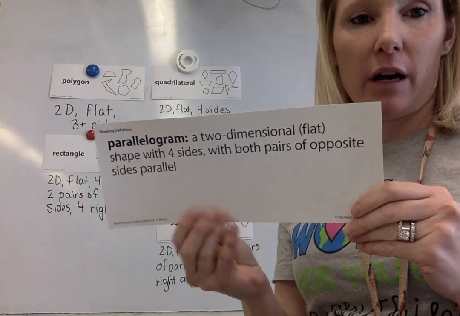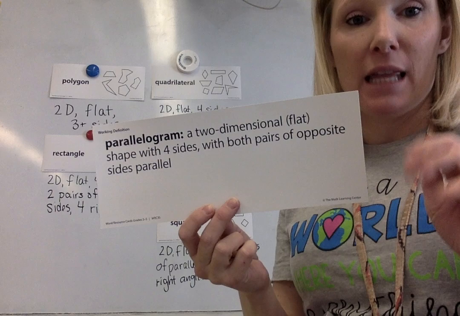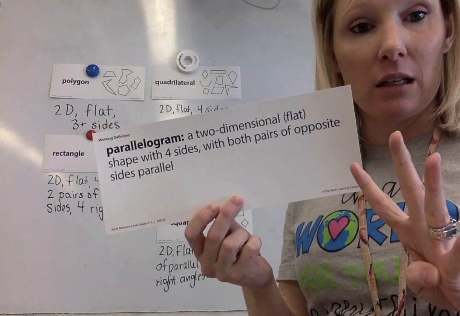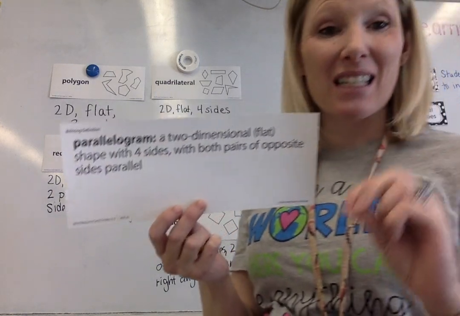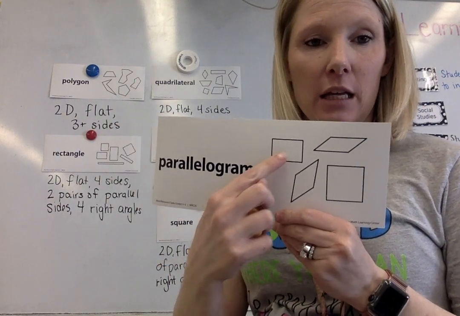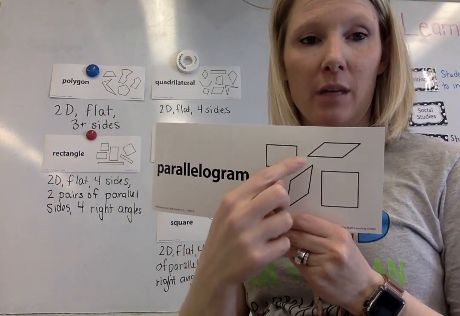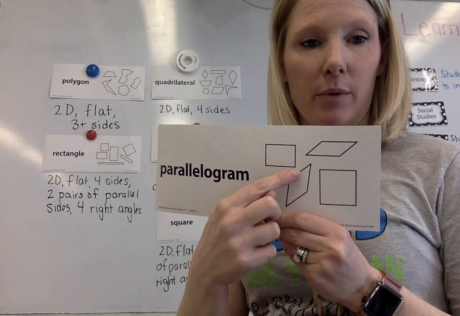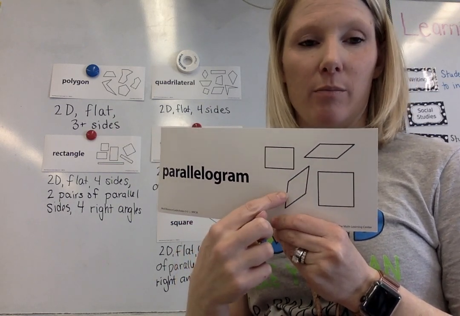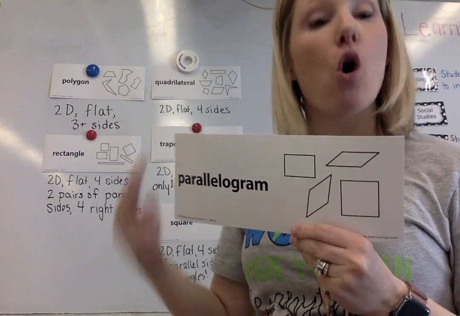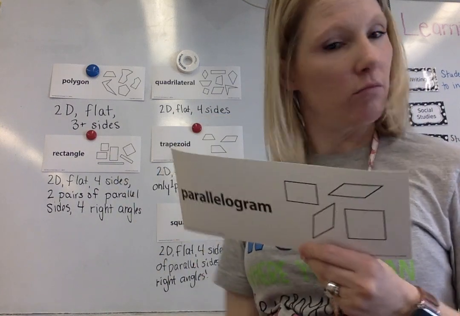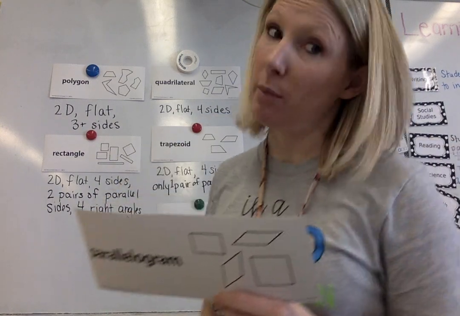So a parallelogram is a 2D flat shape that has 4 sides, and its opposite sides are always parallel. Okay, so this side will always be parallel to him. He will always be parallel to him. This one to him, and this one to him. Okay, that's what makes them. They always have 2 pairs of parallel sides. There can't be more. Okay, can't be less.